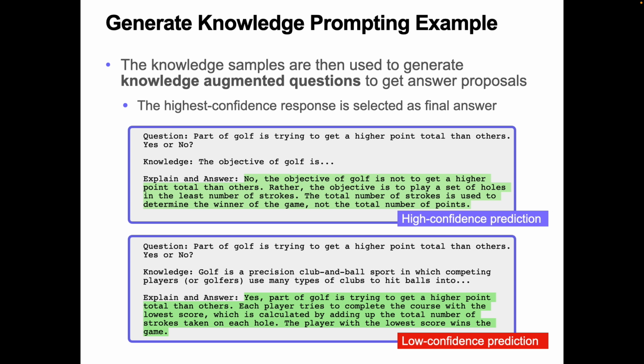These are the two responses that I got given the two different pieces of knowledge that I provided. You can see in the first case, it says no, which is really the correct answer. Then it gives reasoning as to why it said no, and this response actually has really high confidence. You can check the paper for more details on how this is calculated.